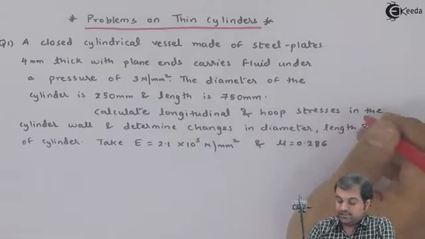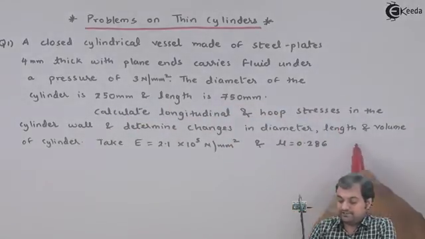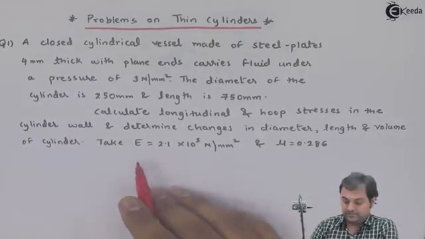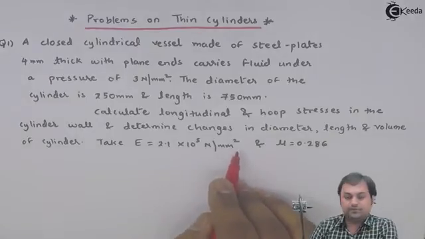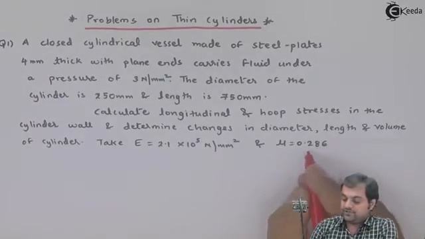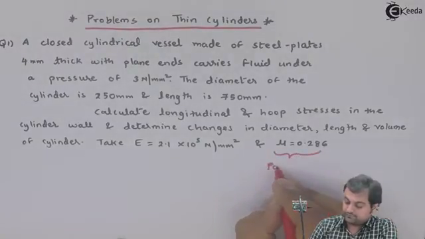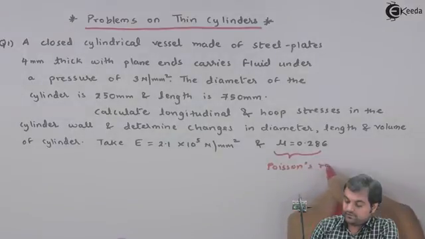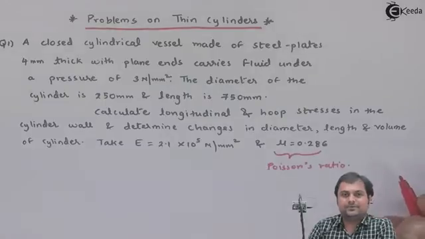Calculate longitudinal and hoop stresses in the cylinder wall and determine the changes in diameter, length and volume of the cylinder. Take Young's modulus 2.1 into 10⁵ Newton per mm square and mu is equal to 0.286. This mu is also called Poisson's ratio, or you can say the ratio of lateral strain to linear strain.